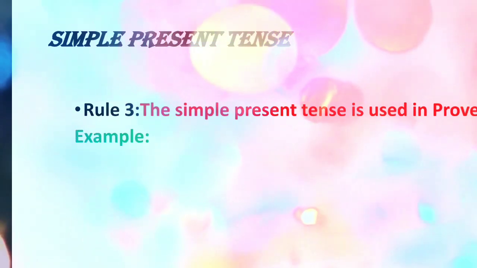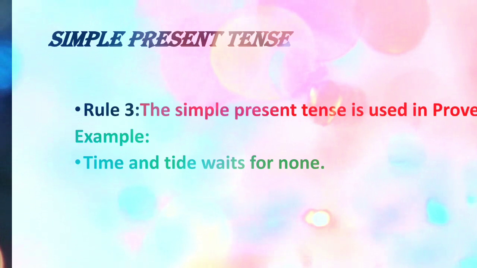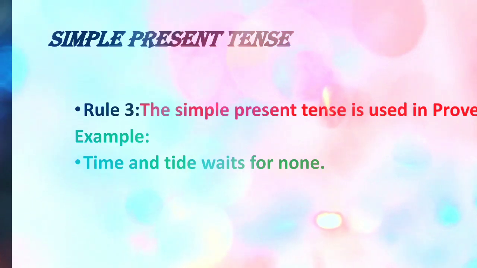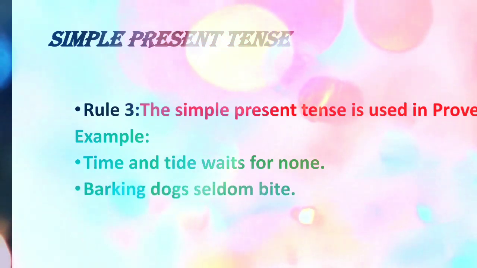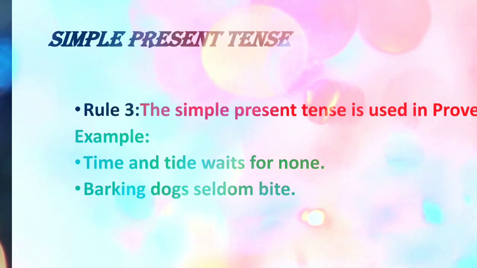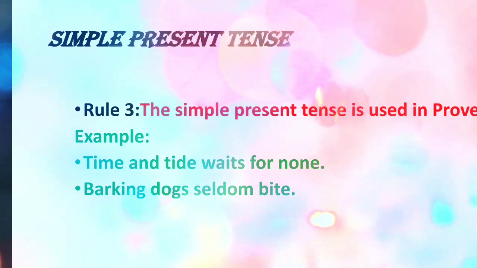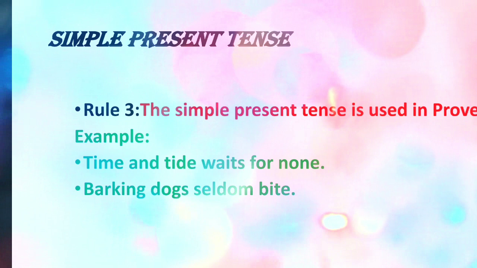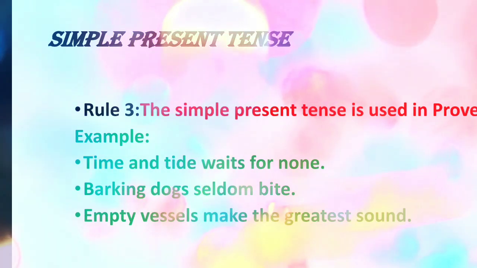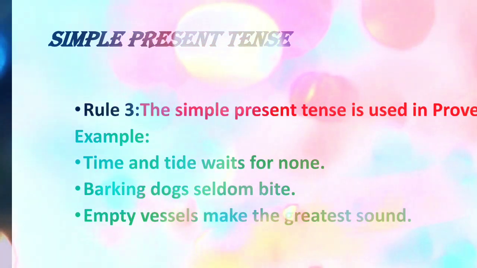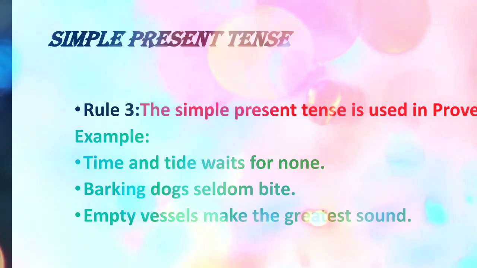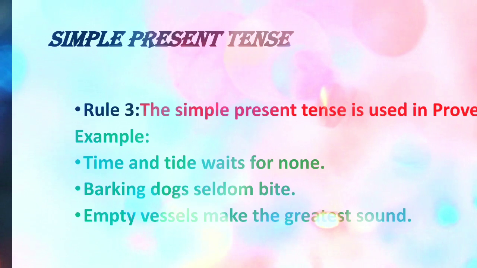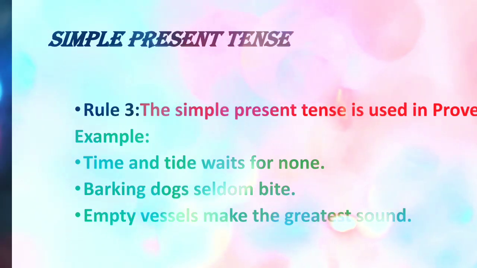For example, first: time and tide waits for none. समय और अवसर किसी का इंतजार नहीं करते. Barking dogs seldom bite. भौंकने वाले कुत्ते कभी काटते नहीं हैं. Empty vessels make the greatest sound. अधजल गगरी छलकत जाए. Empty vessels means there is nothing inside, but they make the greatest sound.